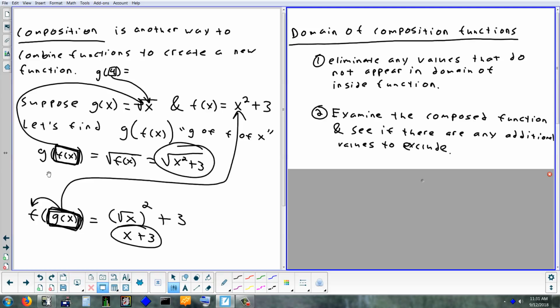And the domain is all numbers that satisfy both of those. They have to work in the inside function, and they have to work in the final answer. That's the key: the inside function and the final composed answer.